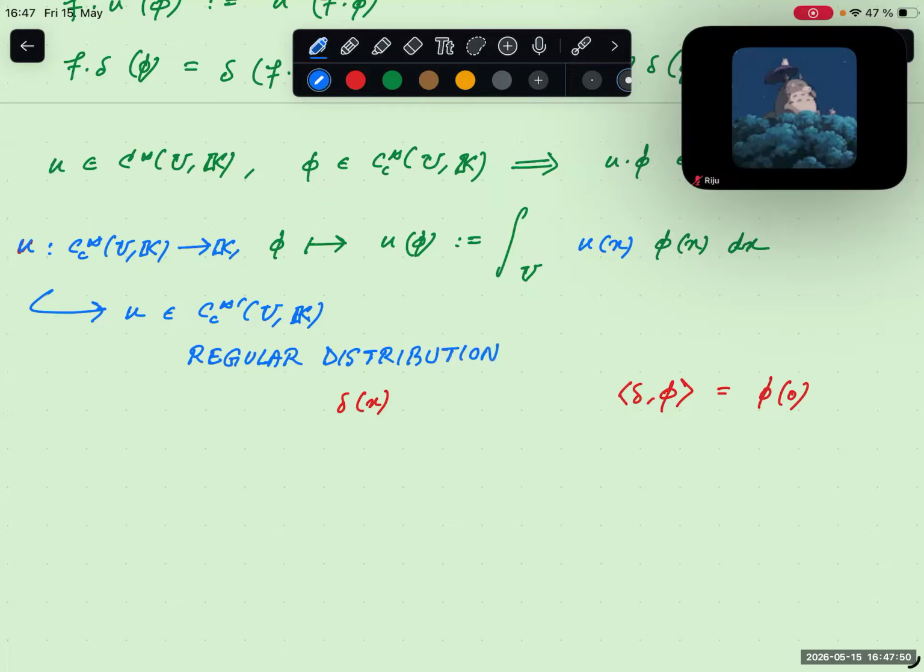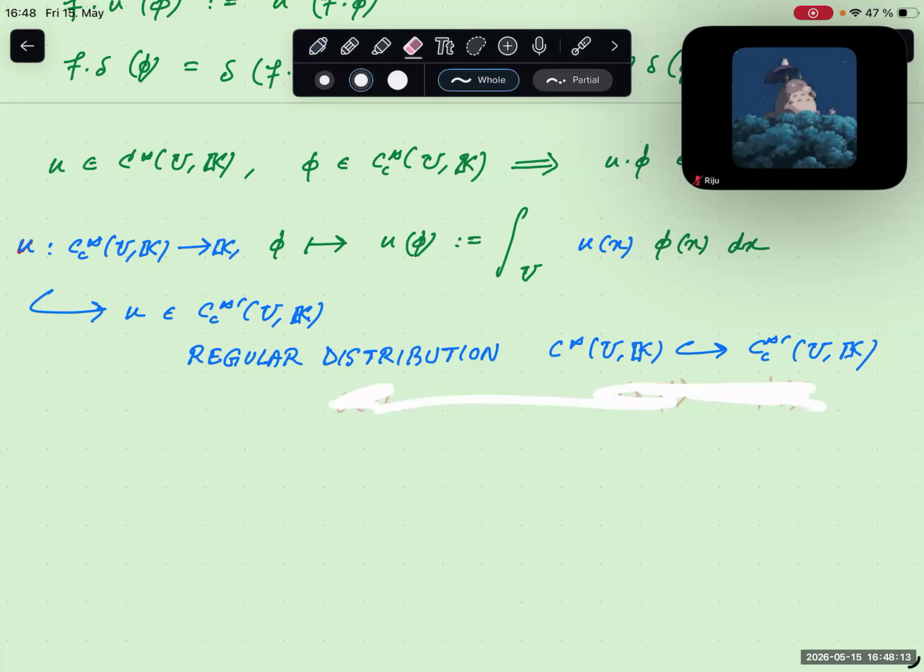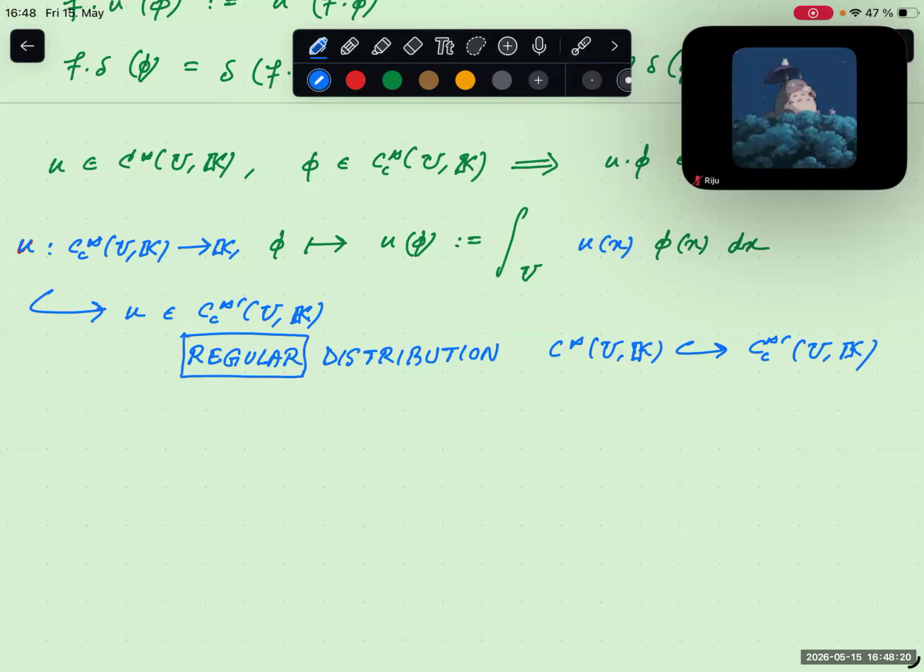In other words, any smooth function can be viewed as a distribution, but in which class? A regular distribution. So very important, this word I want to highlight: any smooth function can be viewed as a regular distribution.